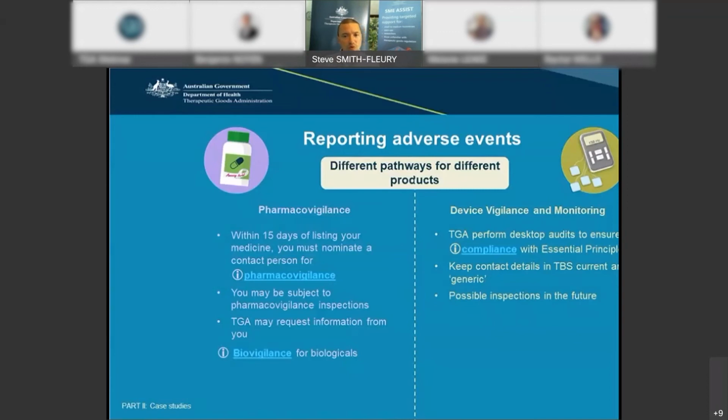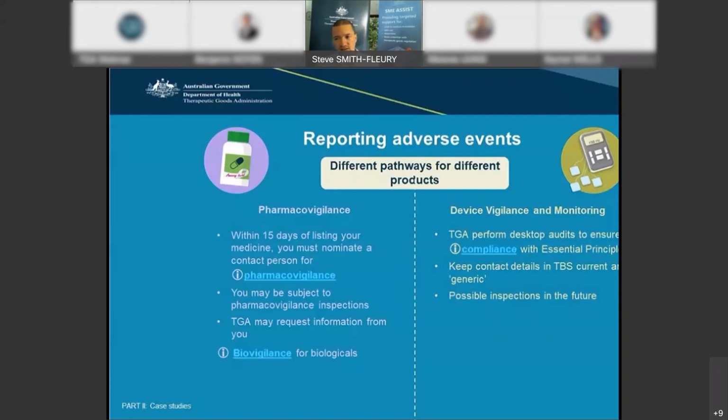Now, we do perform audits of medical devices to make sure that you are compliant with the essential principles also. Reviews can be done following an adverse event or when we conduct a post-market review on a kind of device. Medical devices do not require you to delegate a particular person for adverse events, but keep your contact details in the TGA business services up to date.